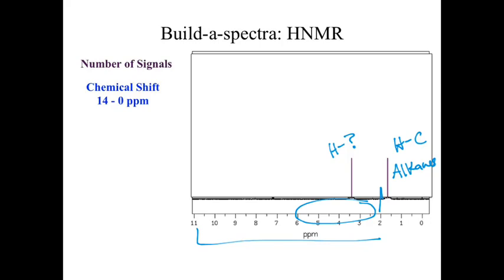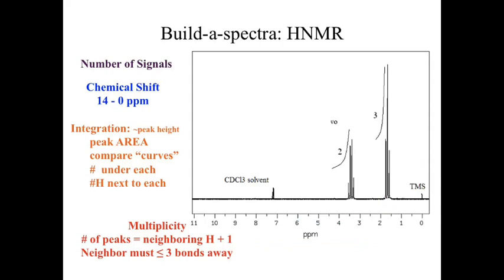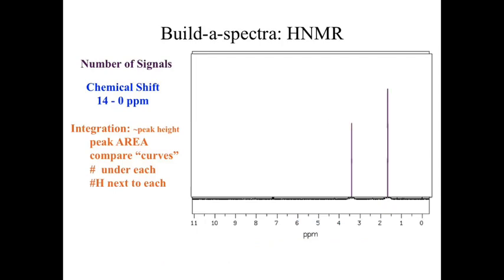So again, it doesn't really seem like that much, but we can build on this from each of our individual spectra to try and figure out what the overall result is. Whoops, that was too fast. Let me come back there. The integration said could be the peak height. It should officially be the peak area, but when looking at hydrogens bound to carbons, you can usually get away with peak height.